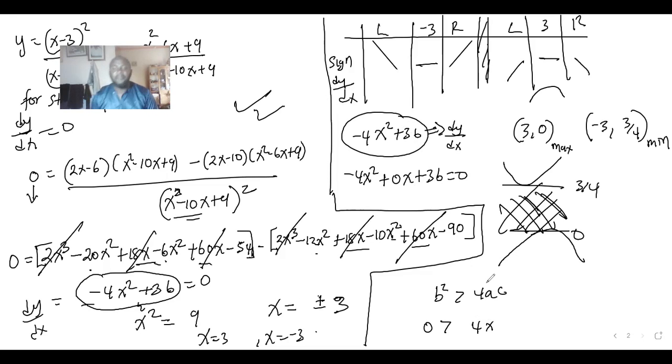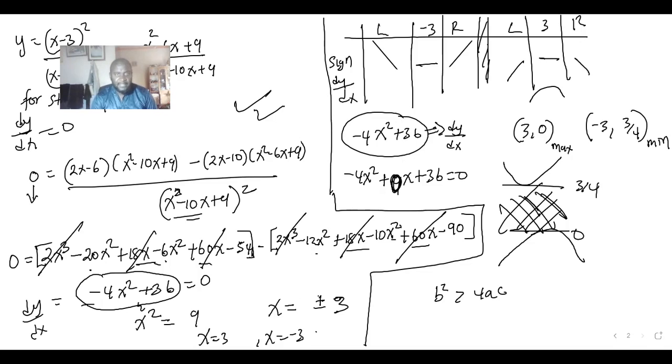Oh no, I'm just assuming. Okay, let me assume it is a 9 here. Is 9 squared greater than 4 times 36 times what? Actually, even this one was okay. If this is 0, Elizabeth, I'm trying to answer your question. She's asking me, how do I predict that the curve has no turning points using this method?